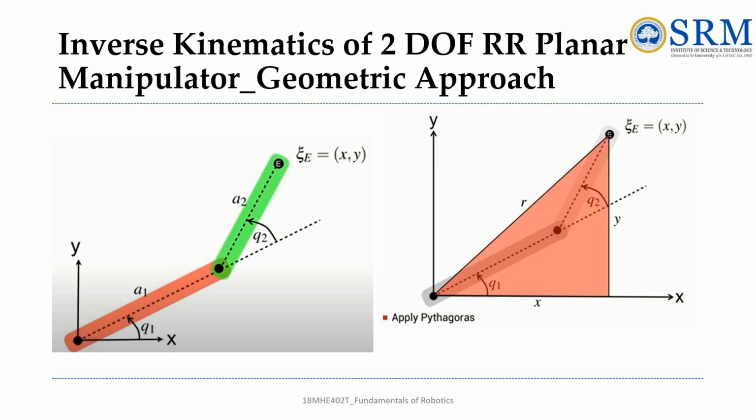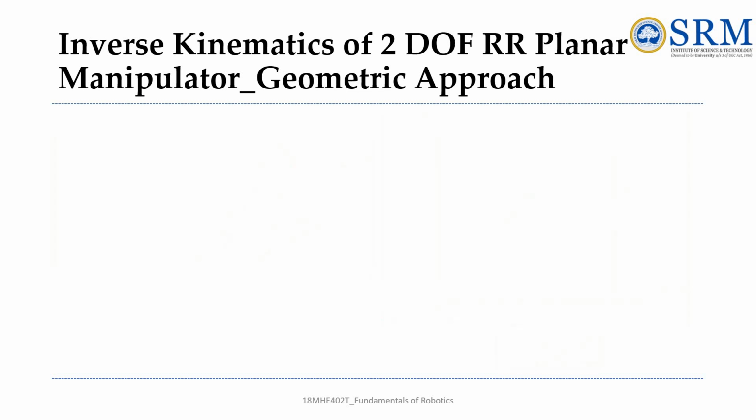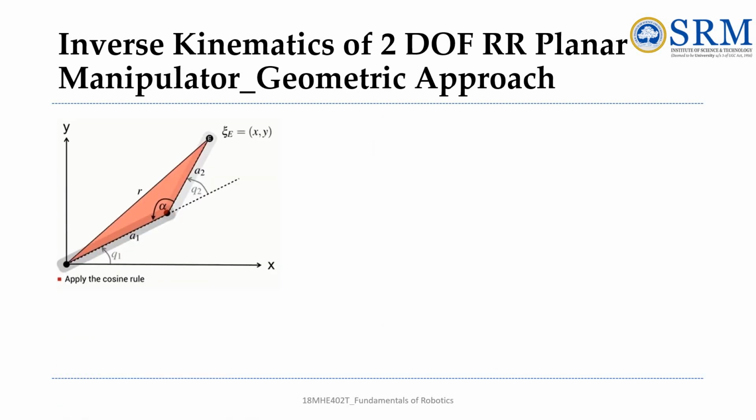I have named the sides x, y and r: along the x-axis it is x, along the y-axis it is y, and the hypotenuse is r. So r square equals x square plus y square.